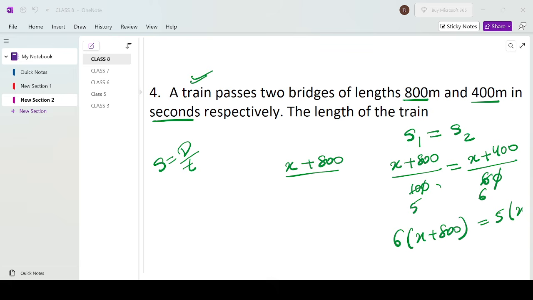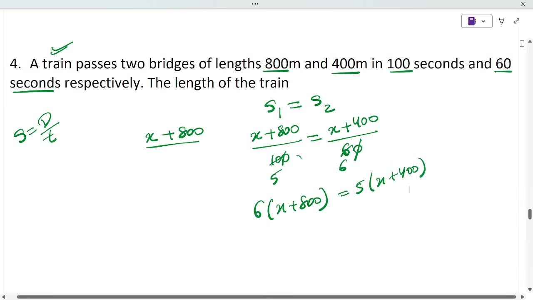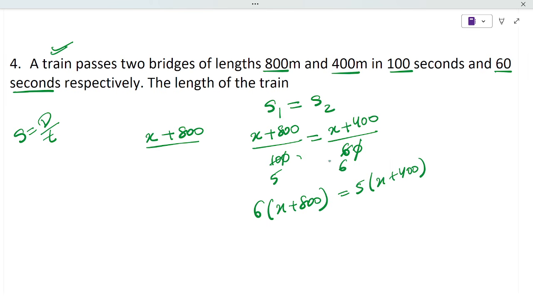Which one? Oh, yes, it's 3. Okay, thank you. I've been teaching for like 7 to 8 hours today, so my brain is also not functioning well today. Okay, this is 3.